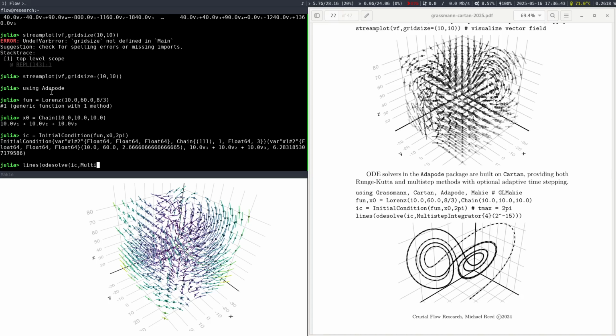Then we just pick a solver, multi-step integrator, fourth order, 2 to the minus 15 step limitation. All right.